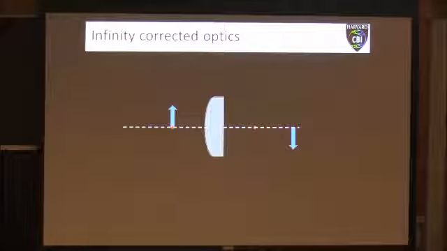But then all of the other lenses that are in the microscope, they don't move, right? So how is it that that objective is able to move without throwing off the rest of your optical system? And this was a really cool development called infinity corrected optics that came out quite a while ago.